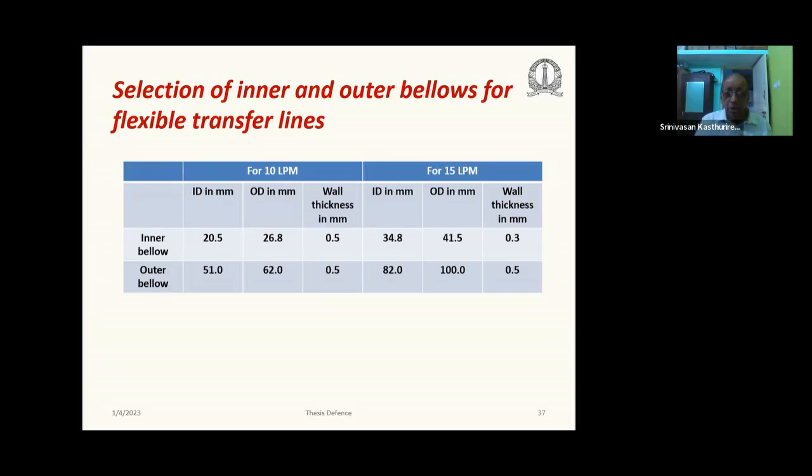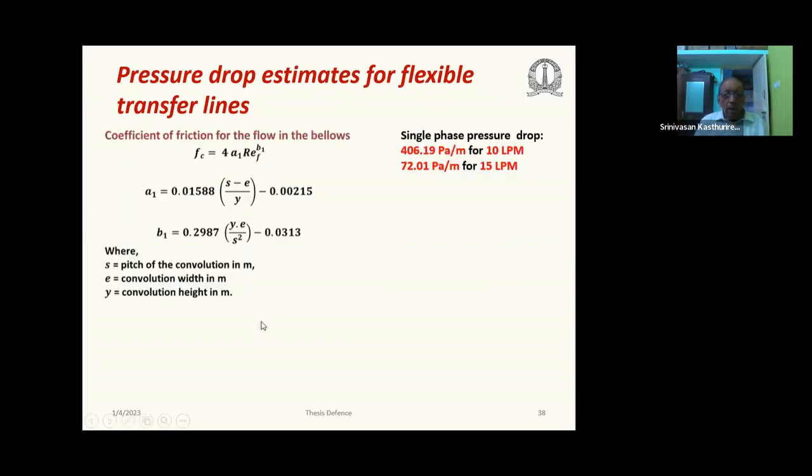And a similar calculation is done for 15 liters per minute. Both are available here. We can estimate the pressure drops by certain formulas. These formulas have been taken from the supplier's data of bellows.